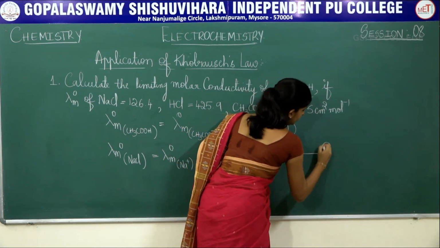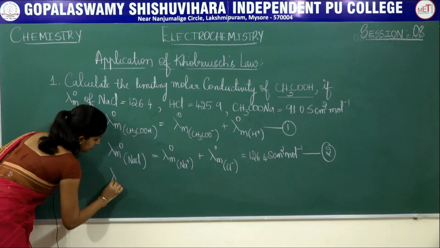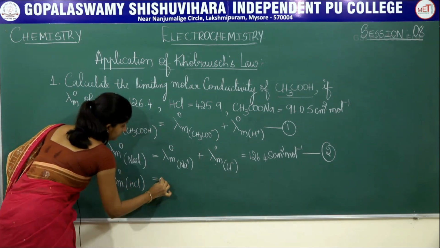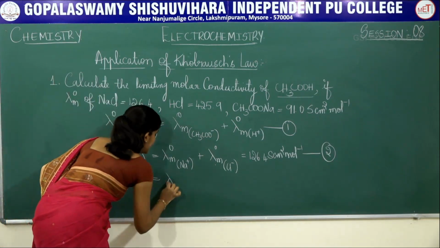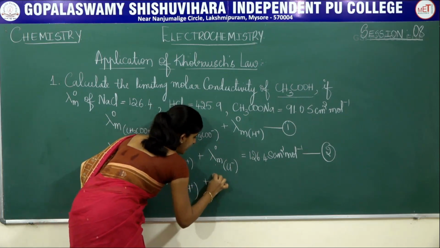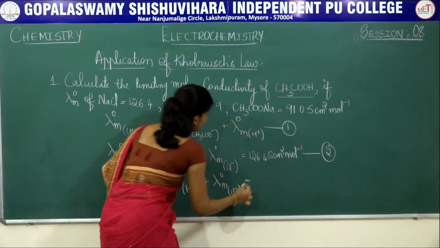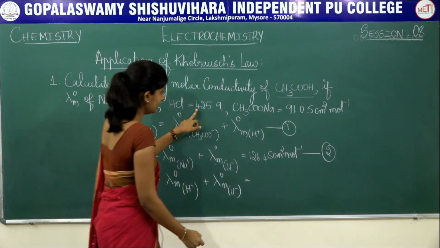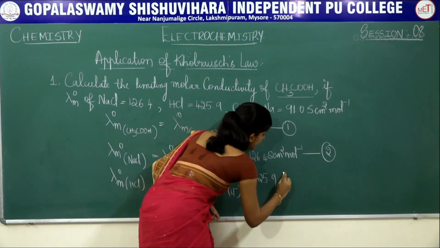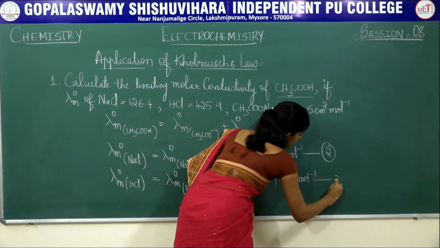So this is equation 2. Then lambda m naught of HCl is equal to lambda m naught of H plus plus lambda m naught of Cl minus, and the value is given, it is 425.9 Siemens centimeter square per mole. So this is equation 3.